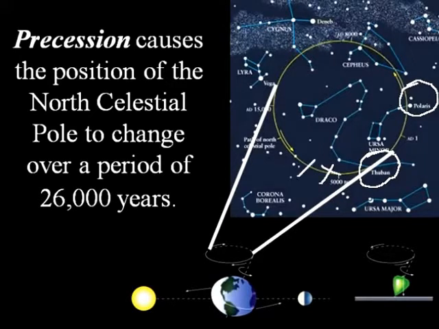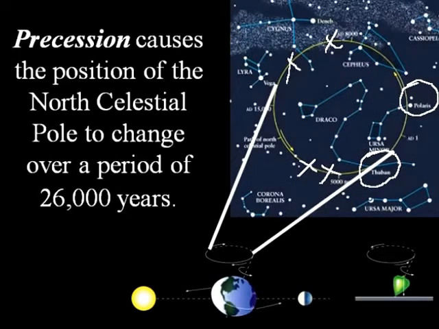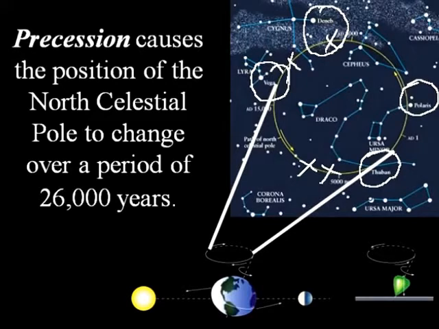But at other times, if we go backwards, we had no North Star, and even into the future, there are no bright stars near the North Pole to have a North Star. So sometime in the future, the bright star Vega will be near the North Celestial Pole, and so will the star Deneb, which are summertime stars now in the summer triangle.